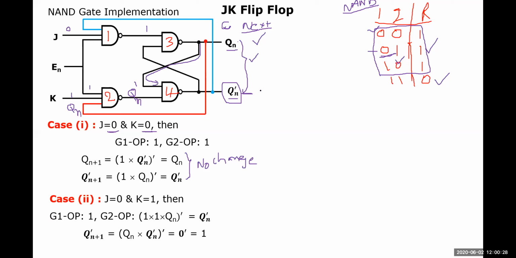So Qn complement, so Qn whole complement will be equal to what? Here you need to remember that A into A complement will be equal to 0. Therefore, here it is 0 complement. Obviously, 0 complement will be equal to 1. So we got 1 here.